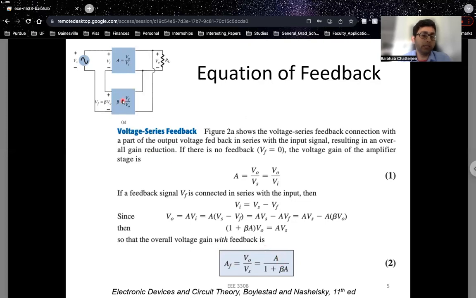And because beta is invariant with respect to process, voltage and temperature, your overall gain becomes a constant and does not vary with respect to PVT, which will not be the case if you just have the feed forward network. So those are the situations where feedback becomes extremely important and indispensable in terms of overall system level concepts.